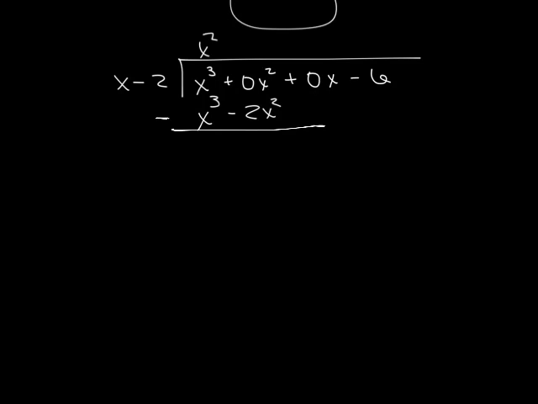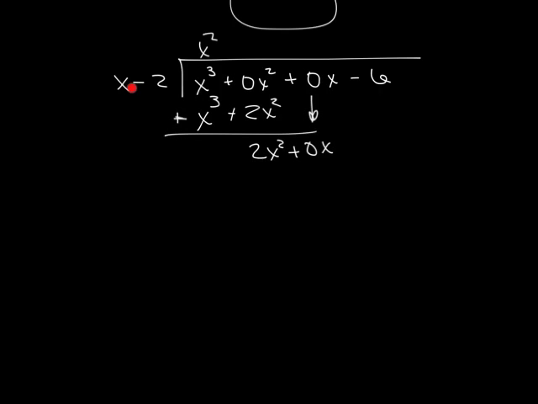These two will cancel. 0 minus negative 2x squared is the same as adding. So 0 plus 2x squared is 2x squared. We bring down our 0x.